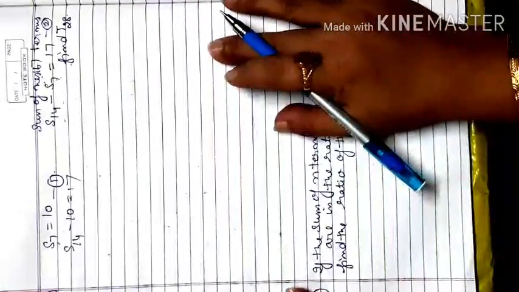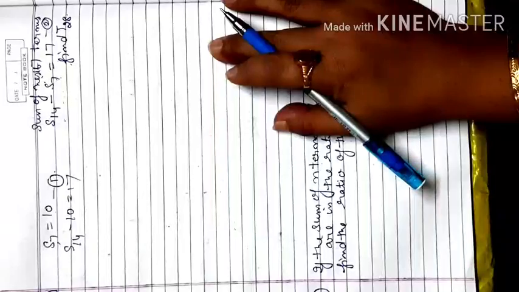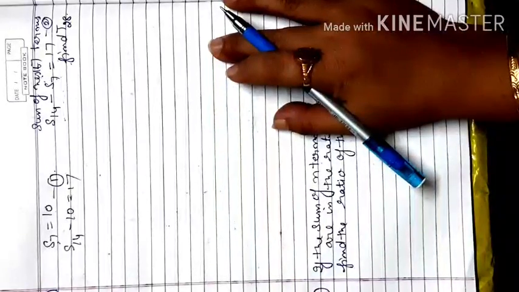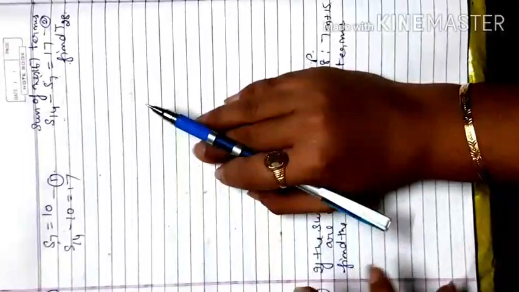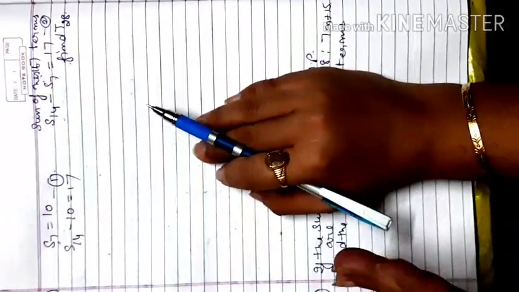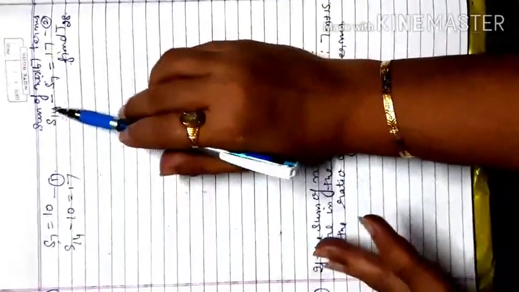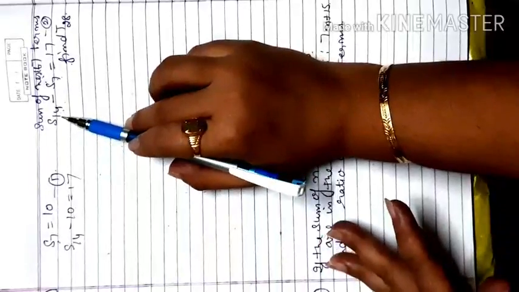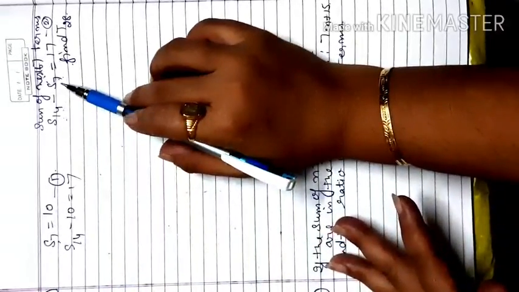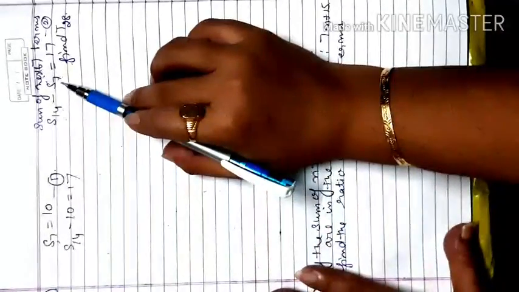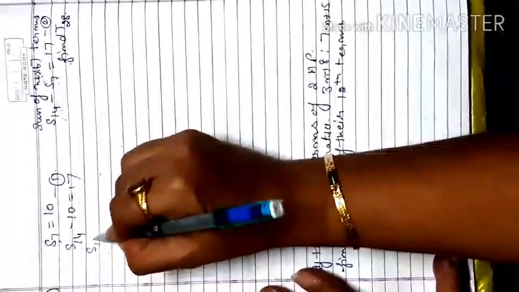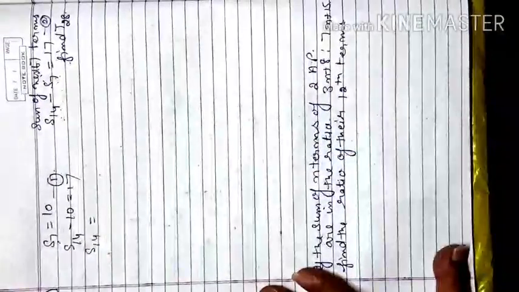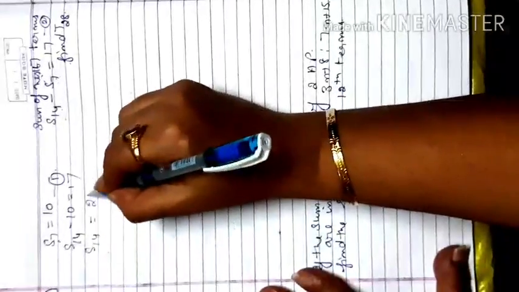Because in your statement it is written that the sum of the next 7 terms is equal to 17. The next 7 terms come after the first 7 terms. So if I have to find the next 7 terms, 7 plus 7 is 14, total 14 terms, and from 14 terms if I subtract the sum of the first 7 terms, that will give me the sum of the next 7 terms, that is 17. So that means the sum of 14 terms, when you shift it to the other side, becomes 27.